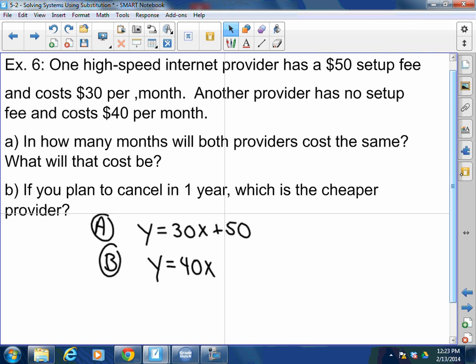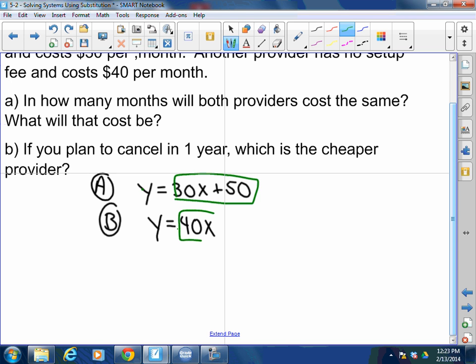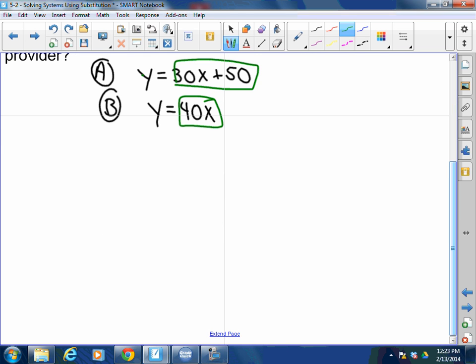Now in this case, doesn't Y equal Y? Don't they want to know when this company will equal this company? So, when will 30x plus 50, which is Y, equal 40x, which is Y? Think about that. Don't they want to set up the Y of the A company equal to the Y of the B company? There you go.